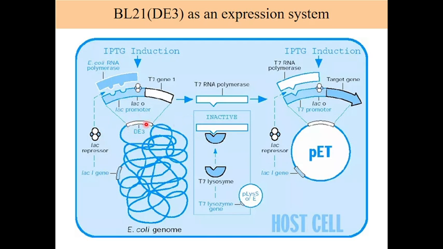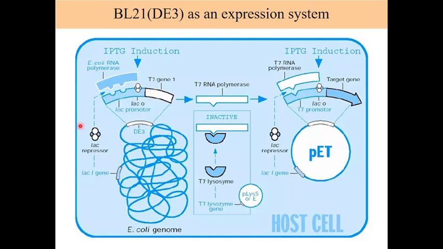Inside that DE3 portion, there is the lac operon promoter and the lac operator. Next to it, all the structural genes of the lac operon, your lacZ, lacY and lacA, have been removed, and the gene that codes for T7 RNA polymerase has been put inside.